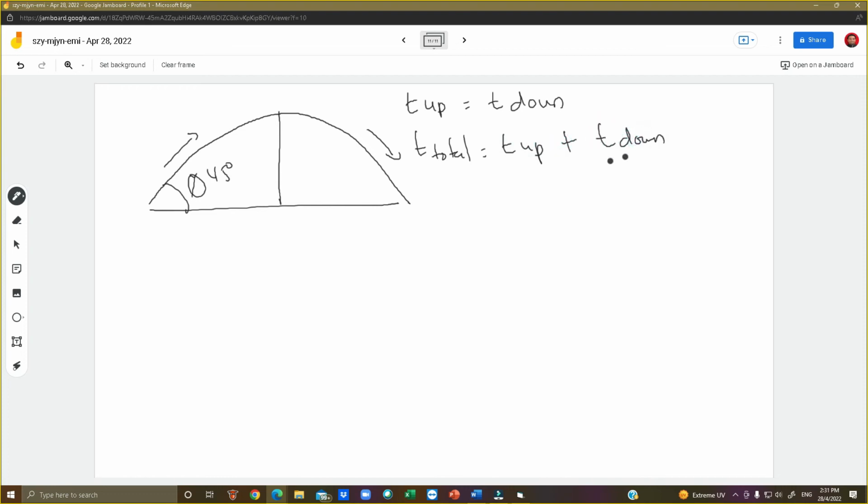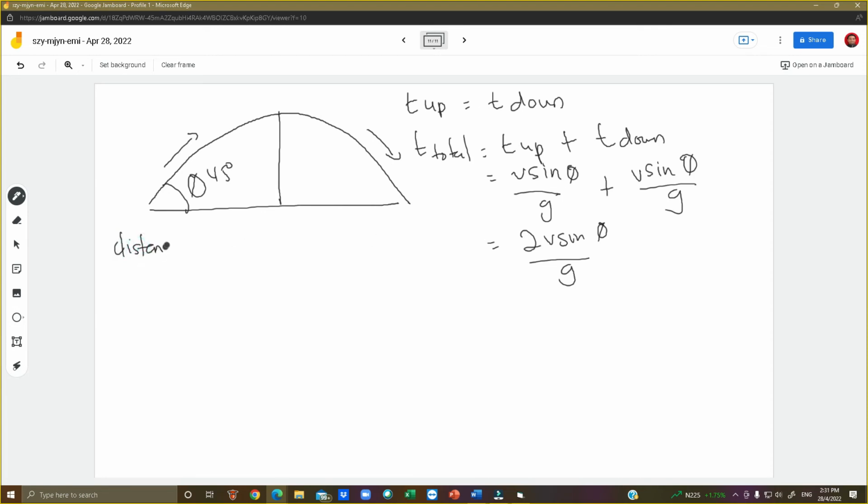This is new information. V sin theta over G plus V sin theta over G equals 2V sin theta over G. There are two of them, that's the information. Okay, next. Please recall what we have learned yesterday about distance and displacement.